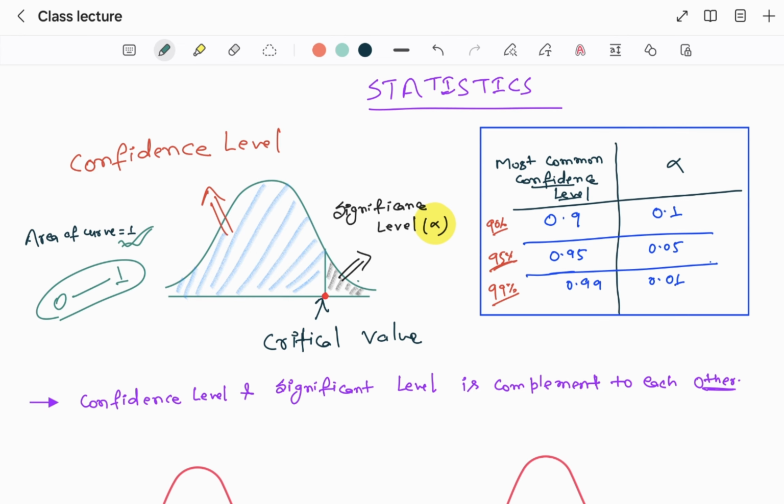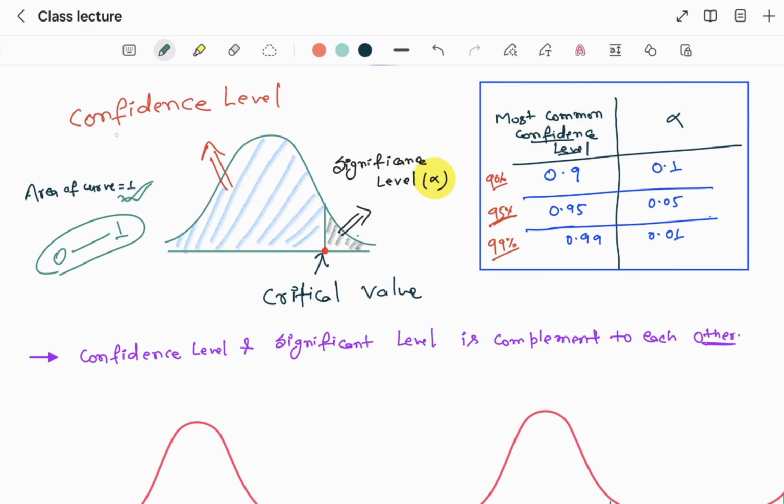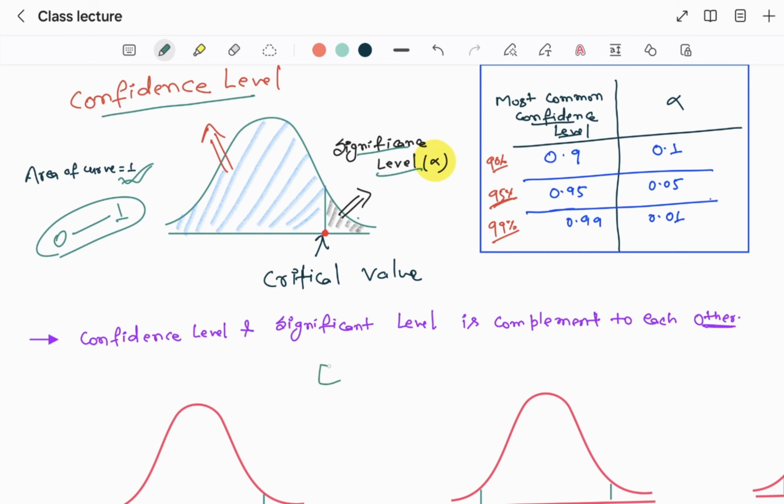At the same time, these two terms, confidence level and significance level, are complements of each other. What it means is that confidence level plus significance level, if we add these two, will be equal to 1, as we can see here from the graph as well.